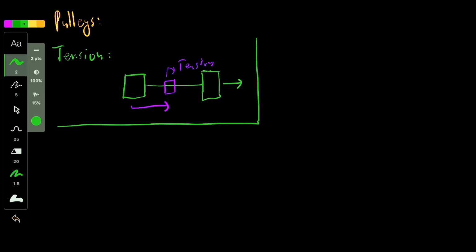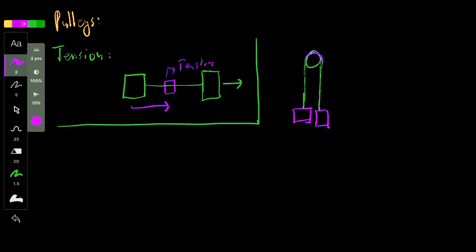So, when I have a pulley, I'll draw a pulley like this. This is the thing that rotates, and I'll have two pieces of string on the side. Now, this string wraps around this all the way, and oftentimes we'll have it connected to these two blocks or some other objects.